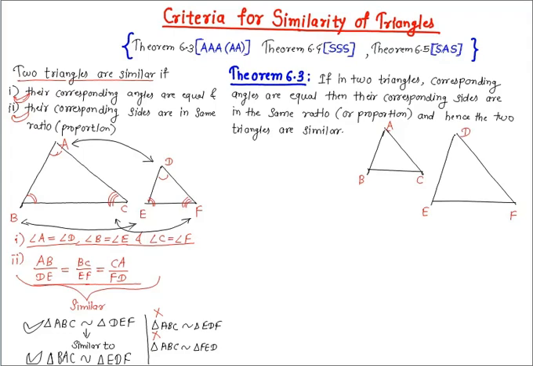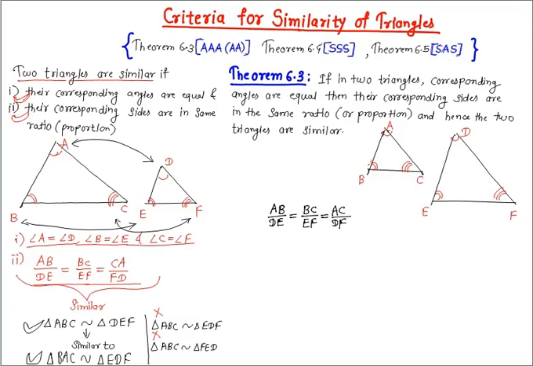It means if we have two triangles ABC and DEF as shown in the diagram, and if angle A is equal to angle D, angle B is equal to angle E, angle C is equal to angle F, then the ratio of corresponding sides, that is AB by DE is equal to BC by EF is equal to AC by DF.